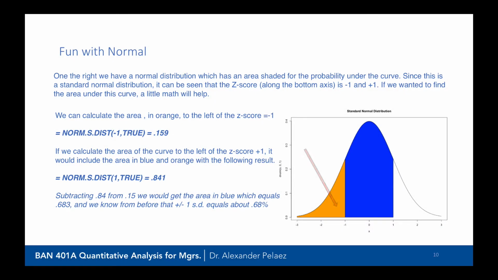But if we subtract the 0.159 from the 0.841, that would give us just the blue area, which equals 0.683. What's interesting is that we said we were looking for a z-score of -1 to +1, which corresponds to standard deviations of -1 and +1. And we can see that 0.683 is about 68%. Therefore, that's what we had said before as our rule for one standard deviation.